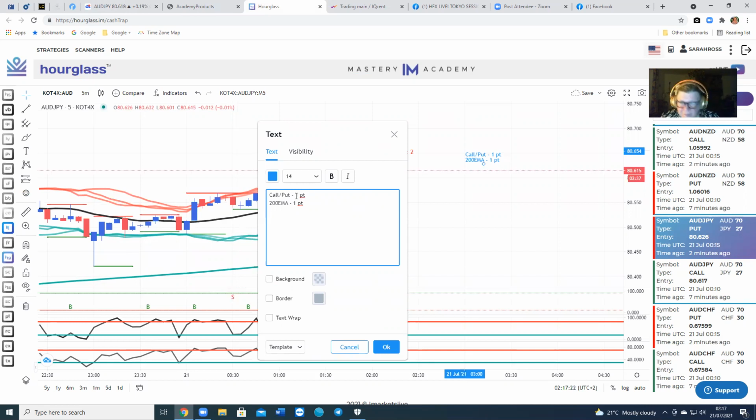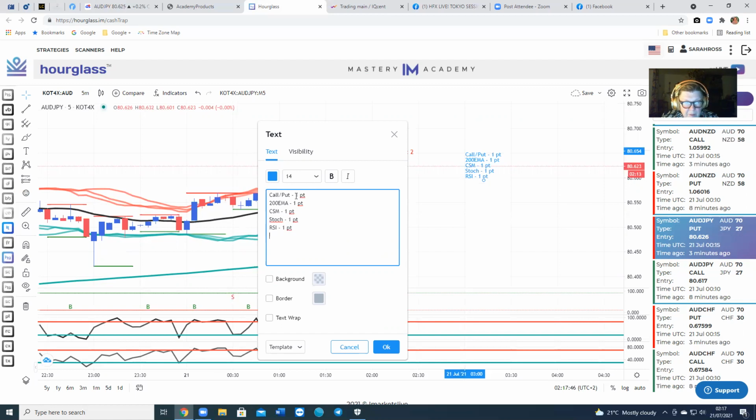The currency strength meter is 1 point. The stochastic, and I'll go over these again for you, is 1 point. The RSI is 1 point.